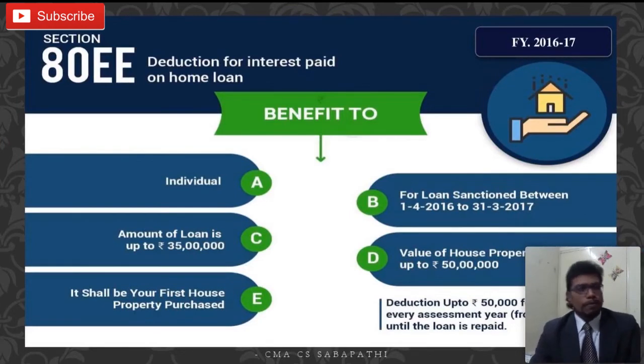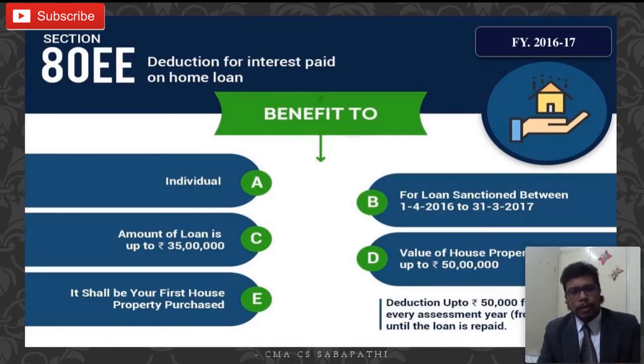This is not for new taxpayers but for present taxpayers who have purchased a new house property. Please do understand, those who have purchased a flat during the financial year 16-17. This was introduced in the Finance Act 16-17.